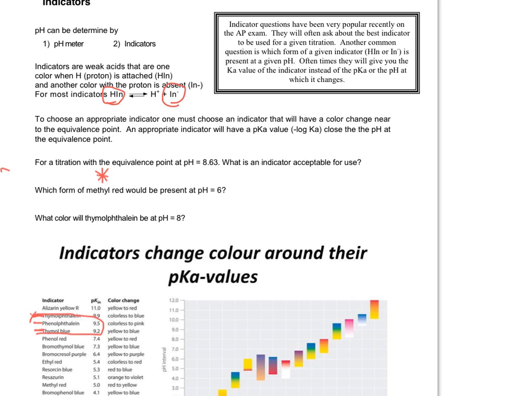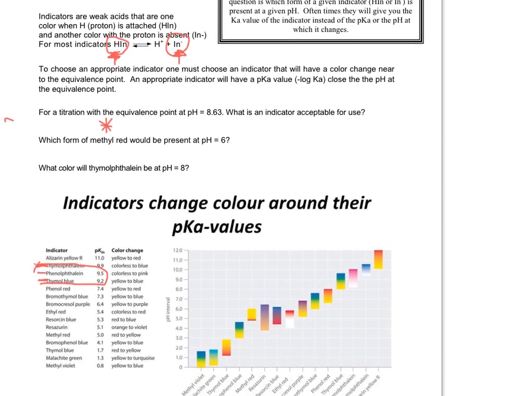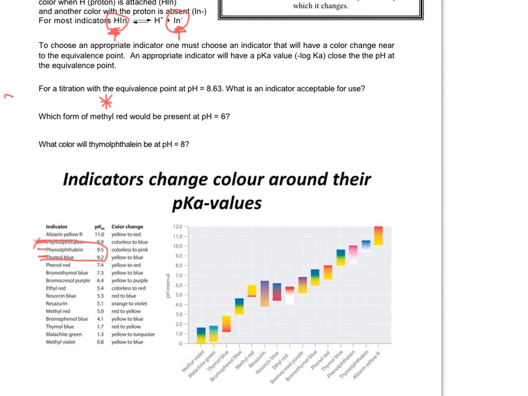When the pH is lower than the pKa, it's going to be in the acidic form. When the pH is higher than the pKa, then it's going to be the basic form. So let's look up methyl red. Let's find that on our chart here. Looks like methyl red has a pKa of 5.0.